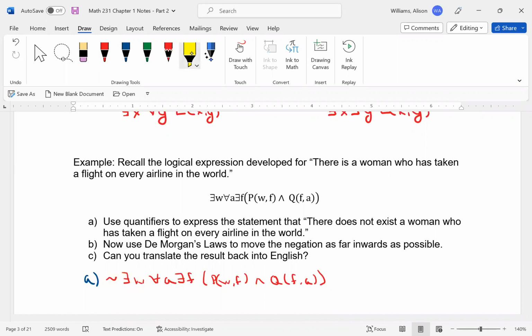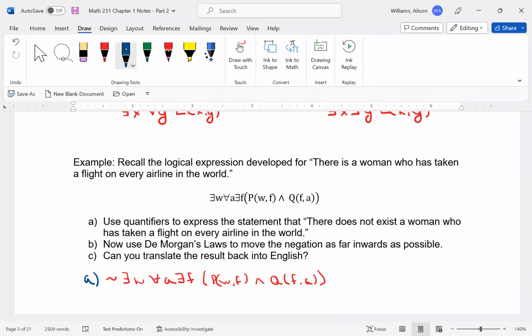Now, part B. Use De Morgan's laws to move the negation as far inward as possible. De Morgan's laws, you might remember, basically start flipping things. If you're talking about and or or, it's going to flip them.